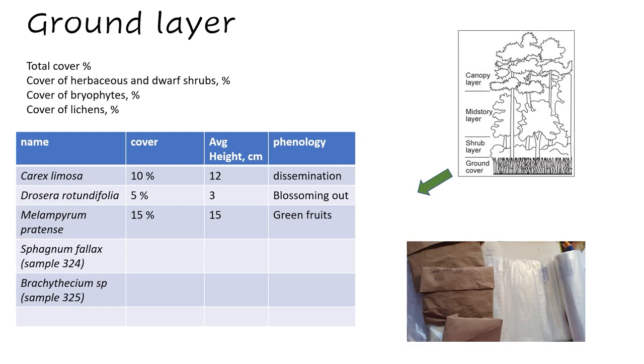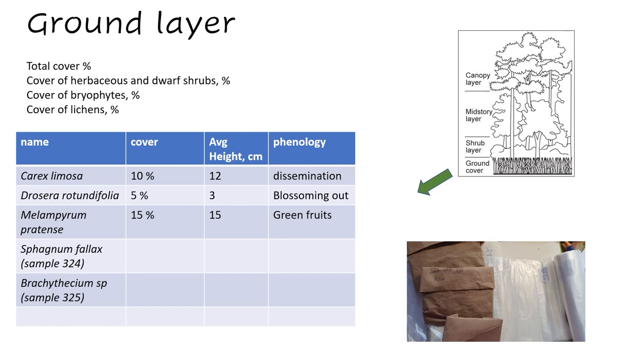and again phenology. So my advice is, first of all, to make a list of all plants from the plot, then come back and give their characteristics, the average height, the average phenological status, and then give them percentages.